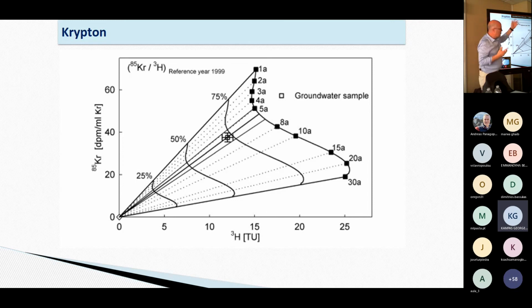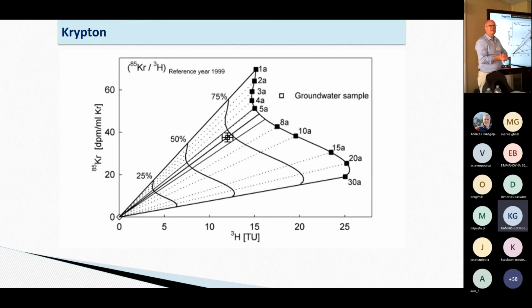So now we do something that's interesting for salinization studies. We assume that there is a second water source that is very old, a paleo water, a salty water. And we construct mixing lines from the young water to the old water and from the old water back.